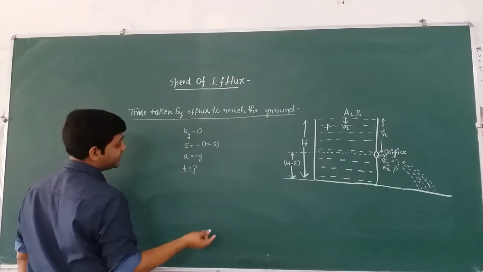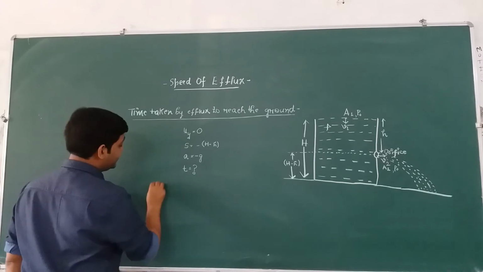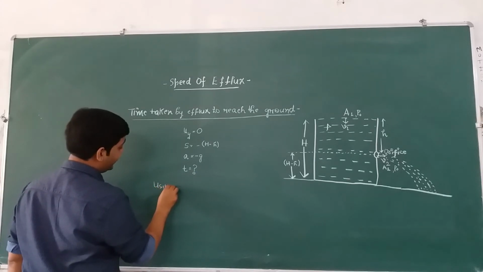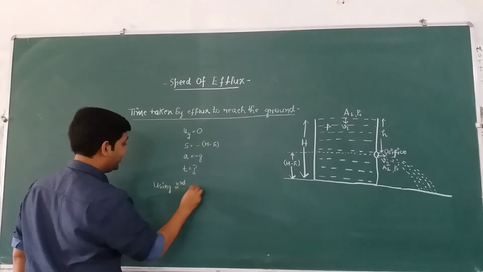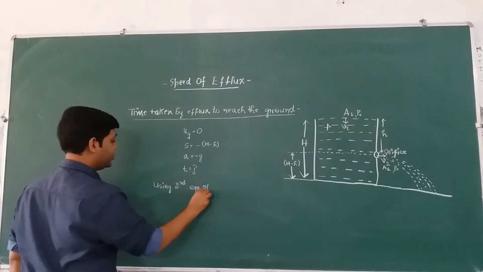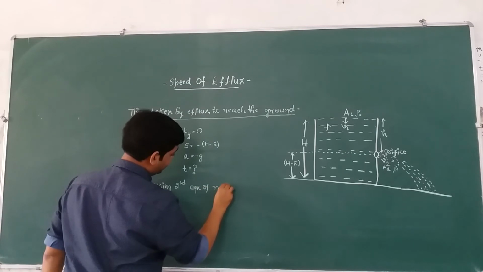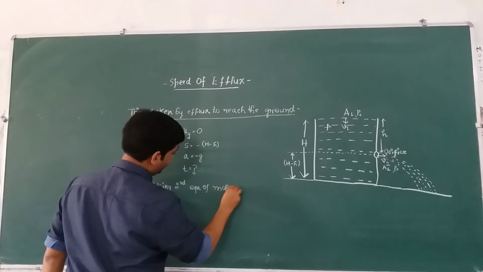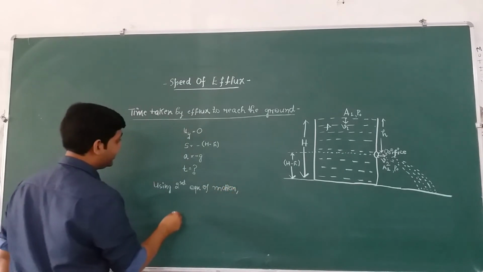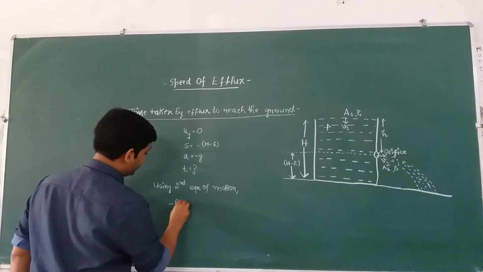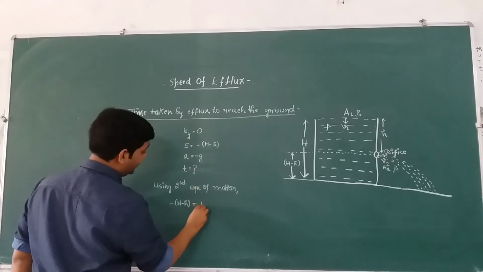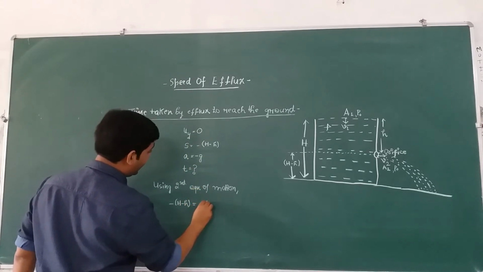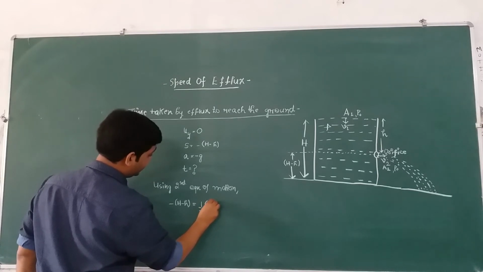So we can use the second equation of motion. Using the second equation of motion we get minus of h minus h is equal to ut plus half at square, and because u is 0, ut will be gone and we will be left with half a t square, where a is minus g.